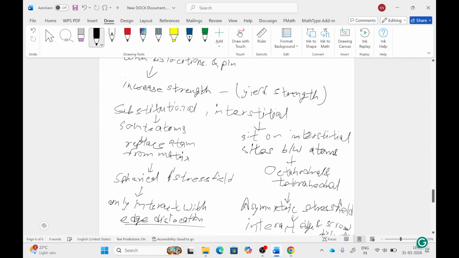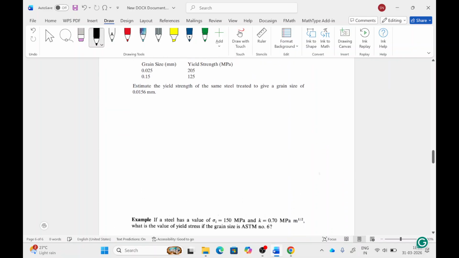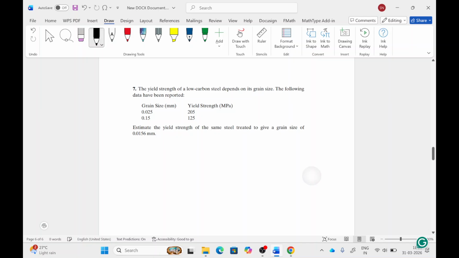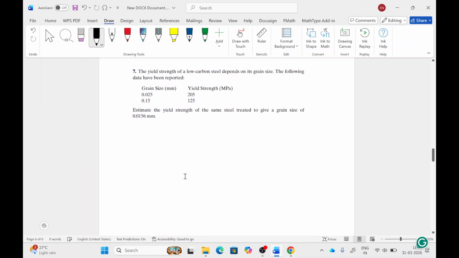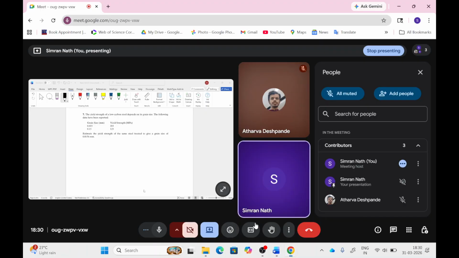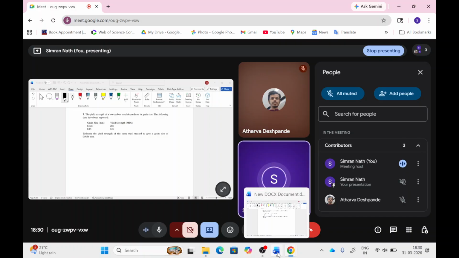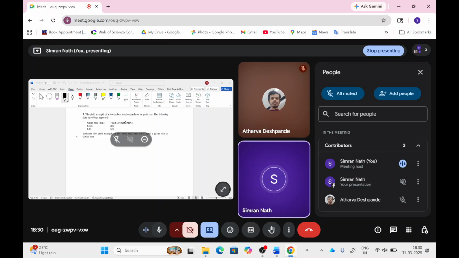So we will solve some example questions, and then we'll go to the assignment question also. The first question says the yield strength of a low carbon steel depends on its grain size. The following data have been reported, the grain size given for two yield strengths. Estimate the yield strength of the same steel treated to give a grain size of 0.0156 millimeter.